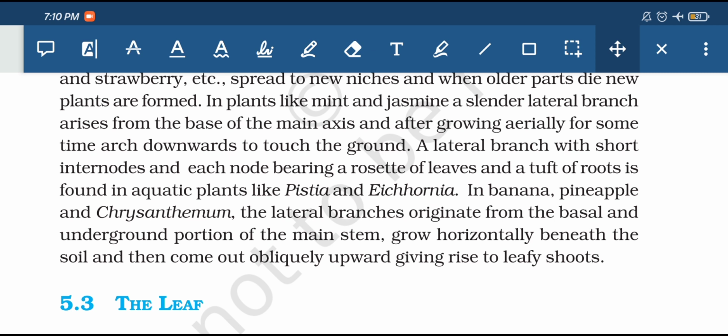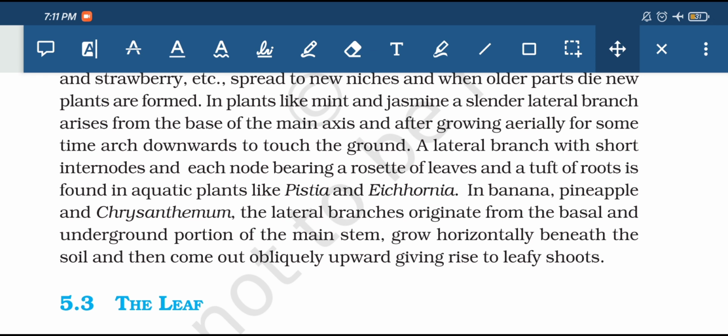Then comes the next variety, where in banana and pineapple the lateral branches originate from the basal and underground portion of the main stem. So the main stem is not aerial, but underground, and the lateral branches come out.